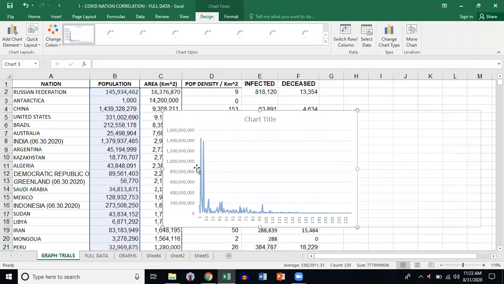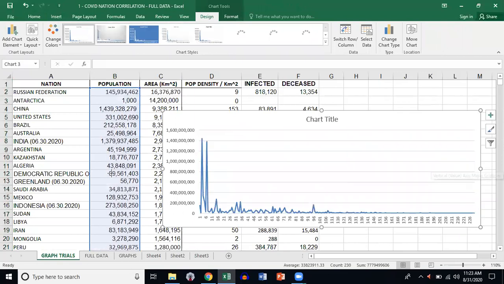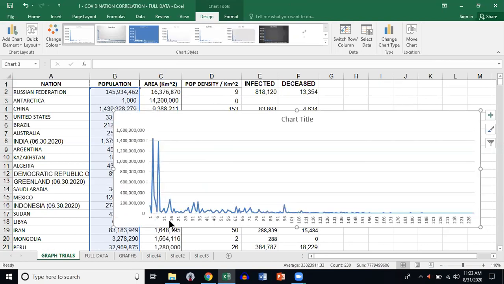That's the kind of plot we get, and look at this. It goes up and down, and it's not very informative. There's some kind of trend here, but it's not very visible. There's so much scraggly going up and down, up and down.